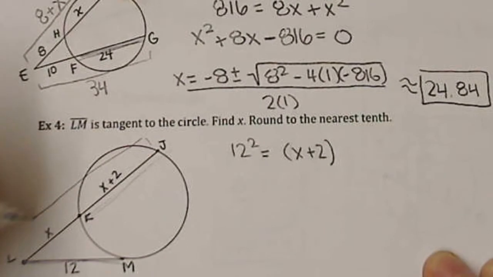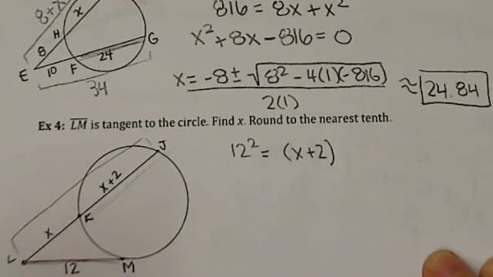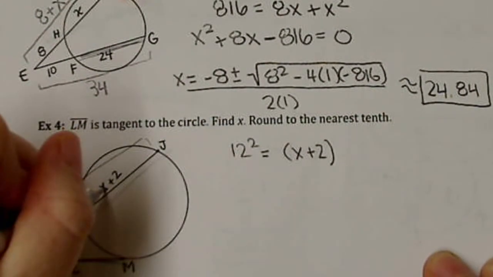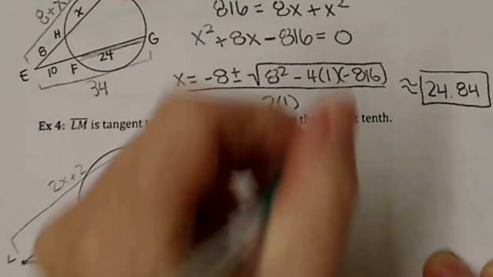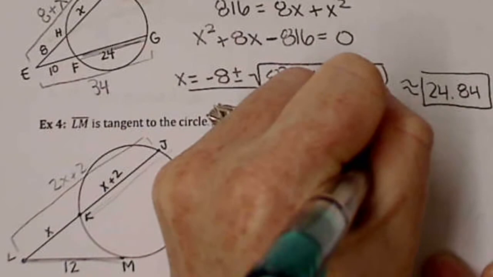How long is JL? Well, x plus x is 2x plus 2. That's how long the whole thing is. So times 2x plus 2.